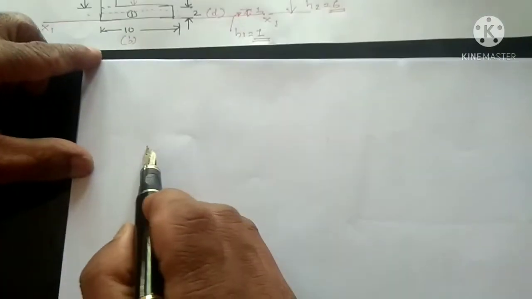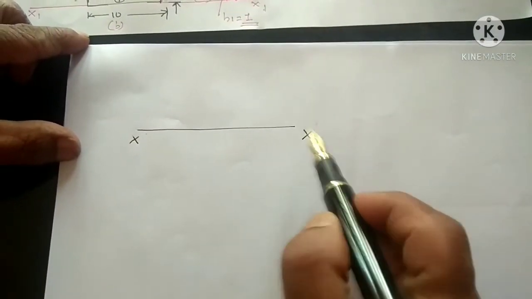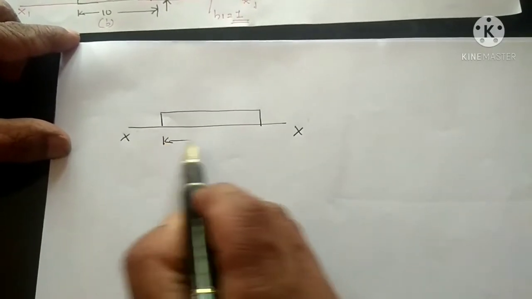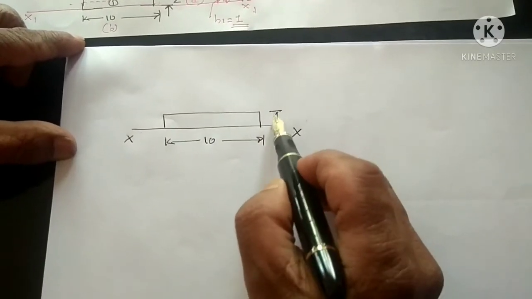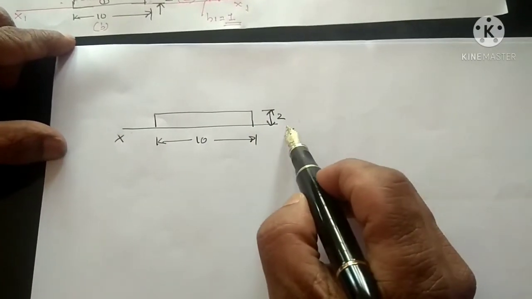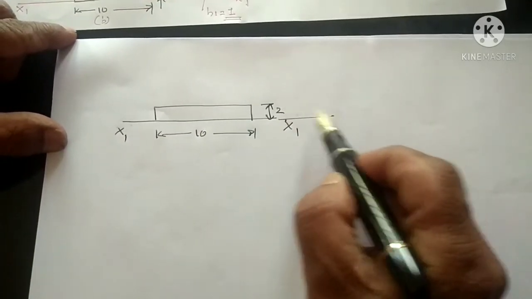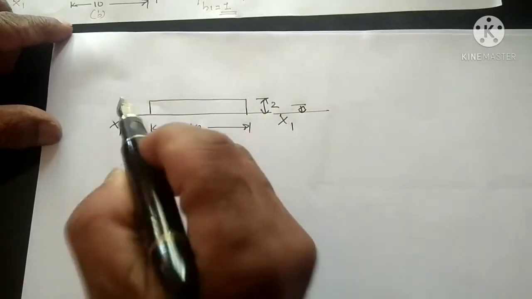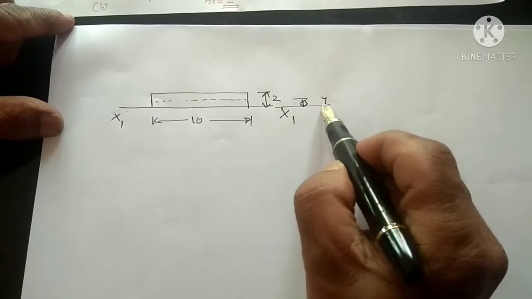Otherwise, in detail, I am taking the first component alone. So this is 10 and this is 2, and this is X1. From this reference axis, the distance to its horizontal centroidal axis is 1.